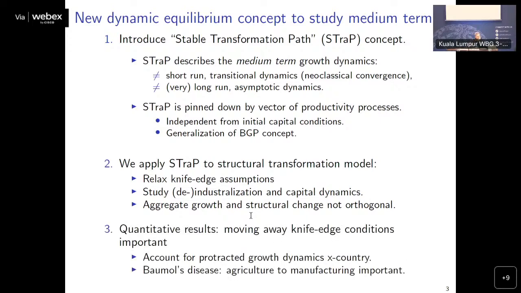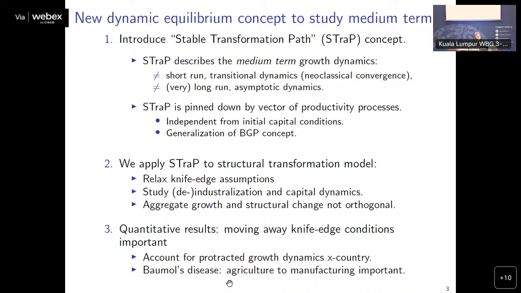And then we're going to look quantitatively at what the predictions are. And I'm going to show you that moving away from these knife-edge conditions is quantitatively important. We're going to be able to account for the non-stationary dynamics and very protracted dynamics across development that we see in the data.